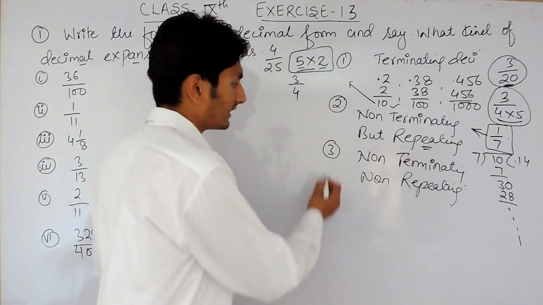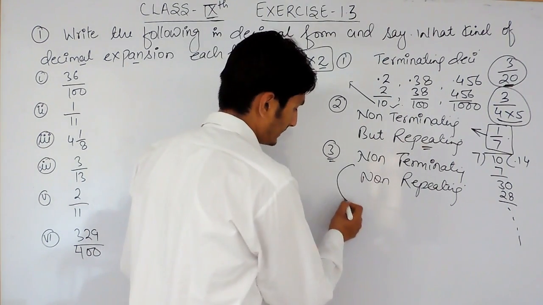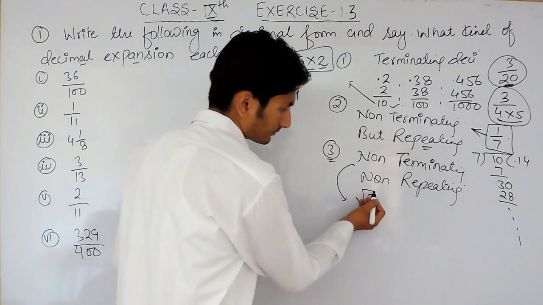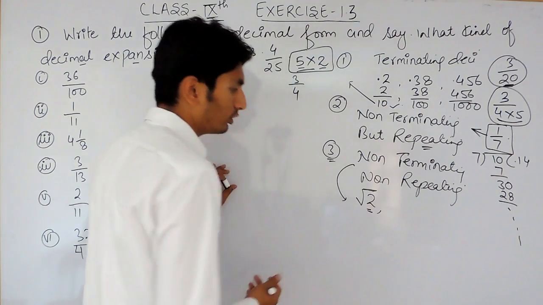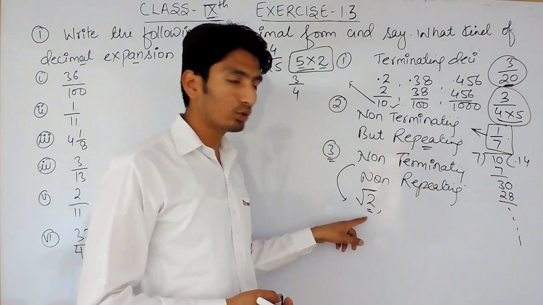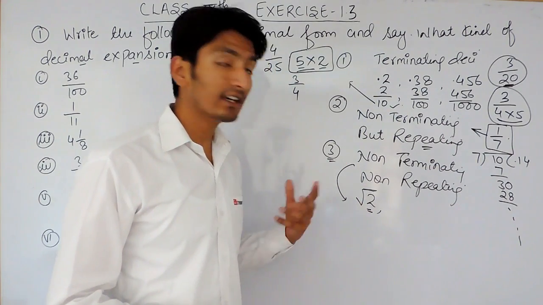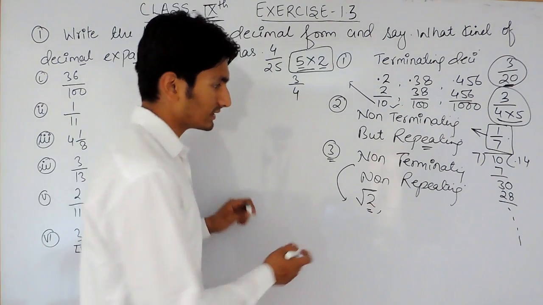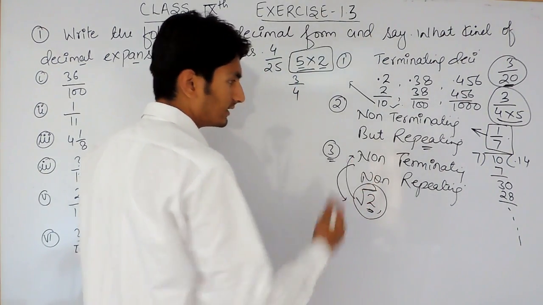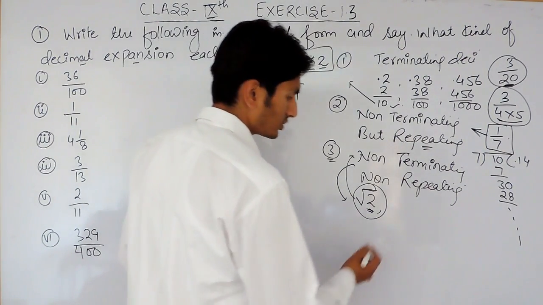These are basically like root 2. When you find the value of root 2, you will find it is neither terminating nor repeating. So this is the third kind of decimal expression, known as non-terminating and non-repeating decimal expansions.